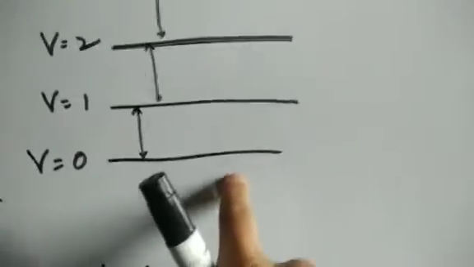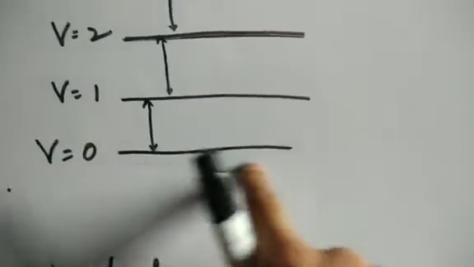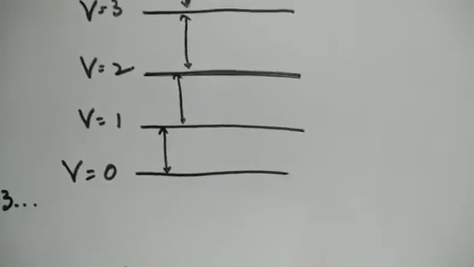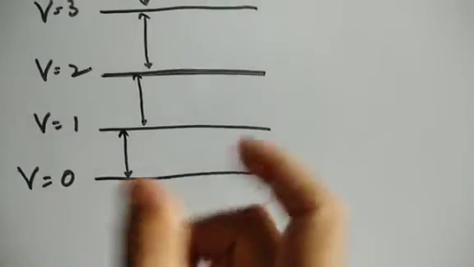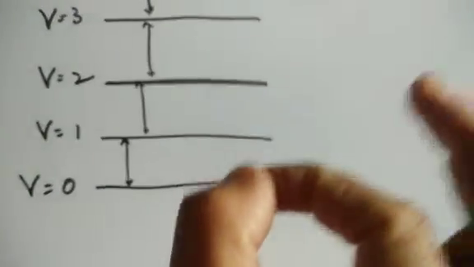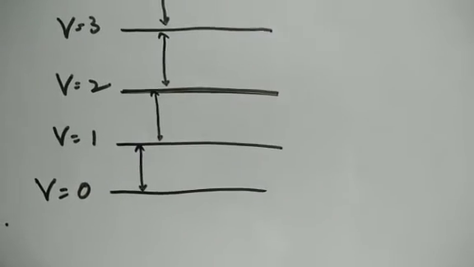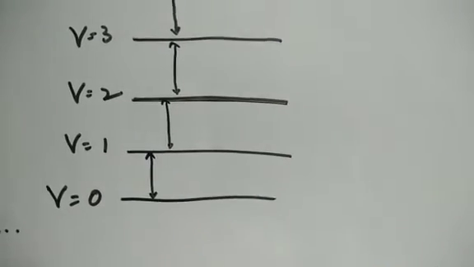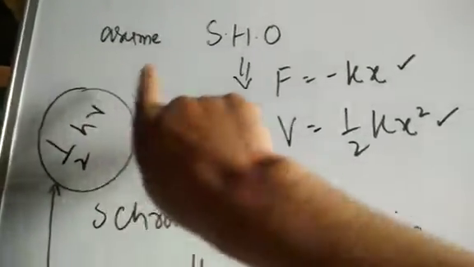That means in vibration spectroscopy, even when the molecule is in the ground state, it does possess energy. It means that every molecule that exists in the universe, wherever it is present, has some vibration energy, and that vibration energy is 1/2 omega e, or it is 1/2 h nu. So this energy is called the zero-point energy.